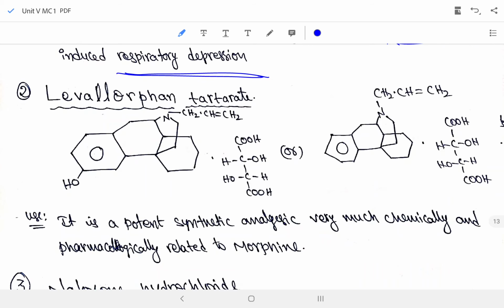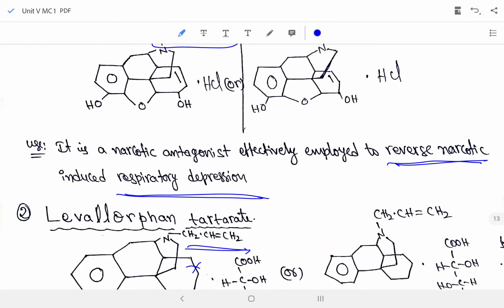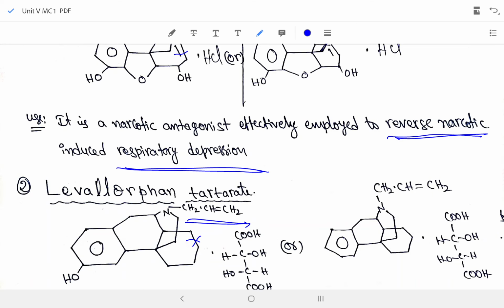Then levallorphan tartrate. Here again the same allyl side chain. If you see the difference between the earlier structure and this one: the earlier structure was nalorphine hydrochloride. The difference is that here there is no double bond, but there a double bond is present.